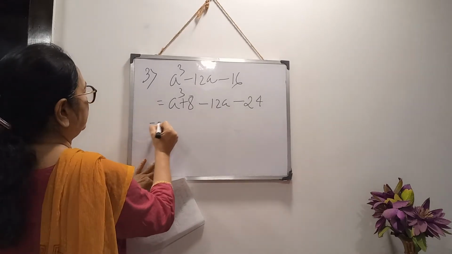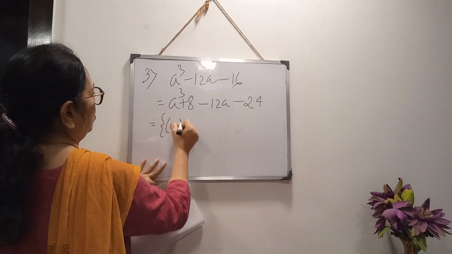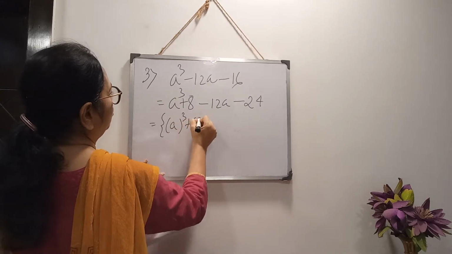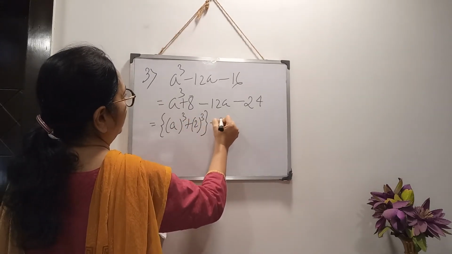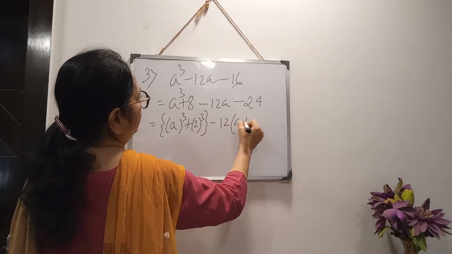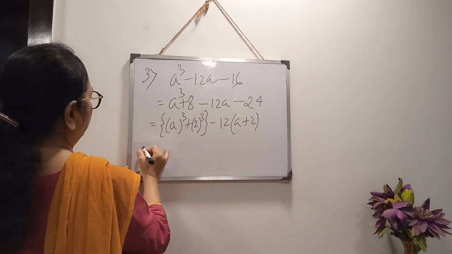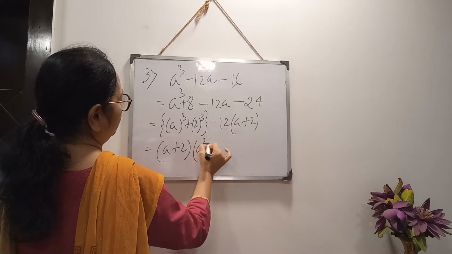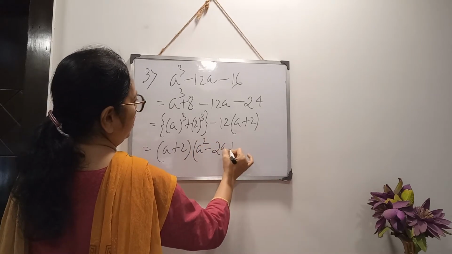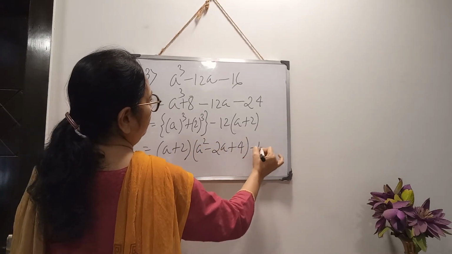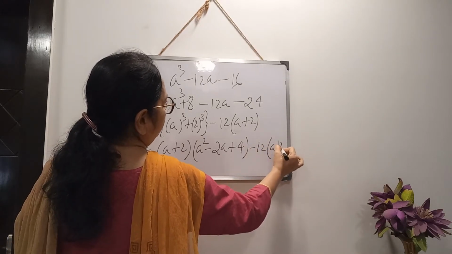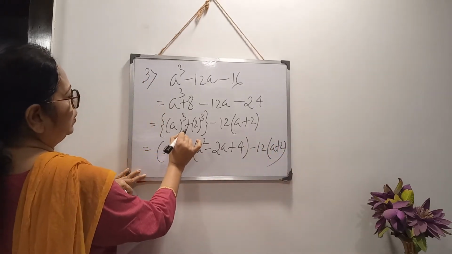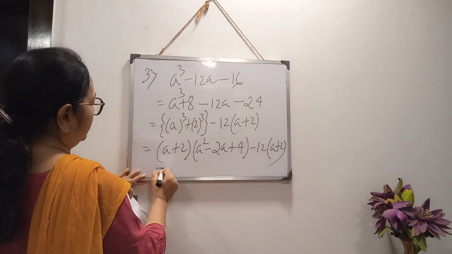Clear? Now it is in that form, a cube plus 2 cube, and minus 12 you take common, a plus 2. Here a cube plus b cube formula, a plus b into a square minus ab plus b square, and then this. Again I am telling, if you want you will show here one more step.